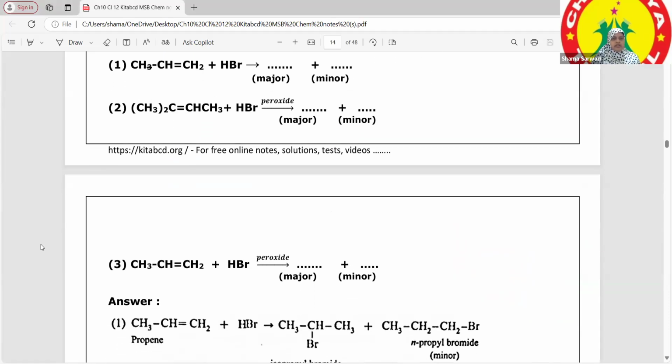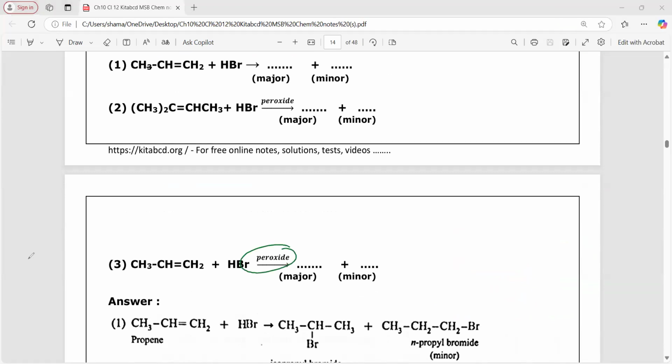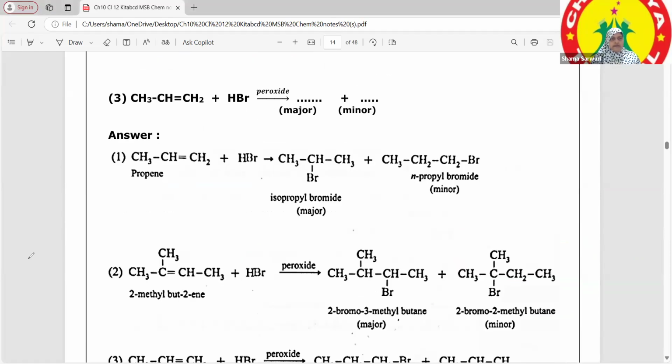One more is here, which we have already seen. For the first reaction, whatever we have seen, its opposite product would occur due to the peroxide effect. So here are the answers, check. If Br is attached to the carbon which has fewer hydrogens, it is the major product, and to the carbon which has more hydrogens, it is the minor product.